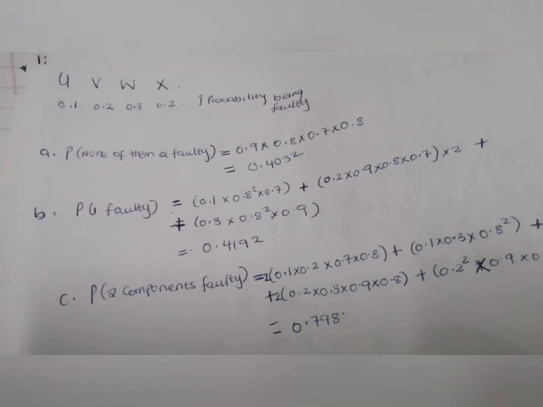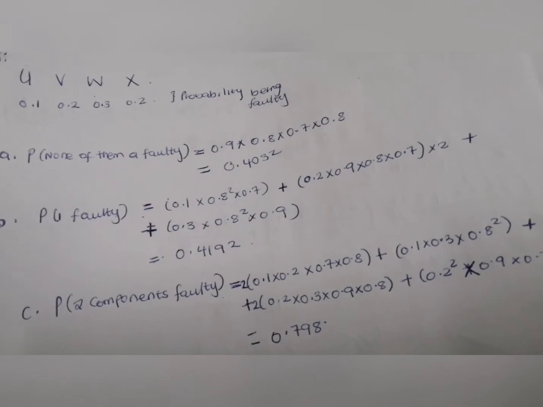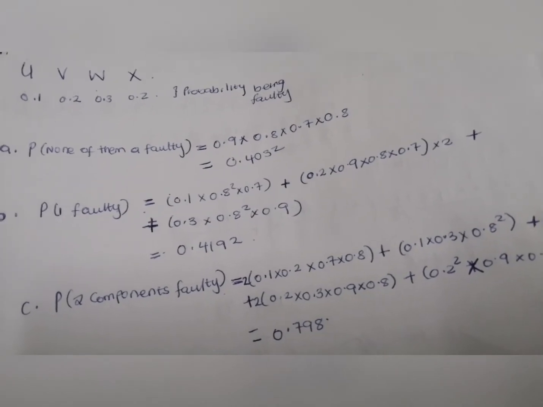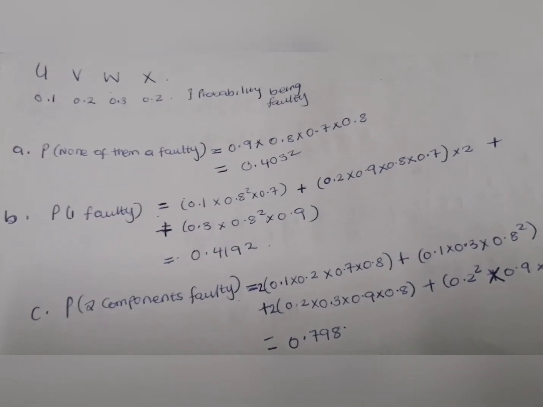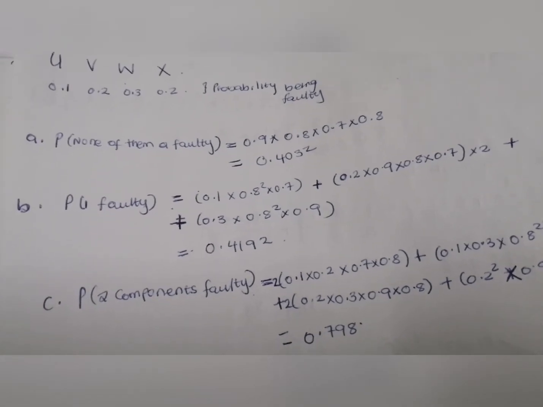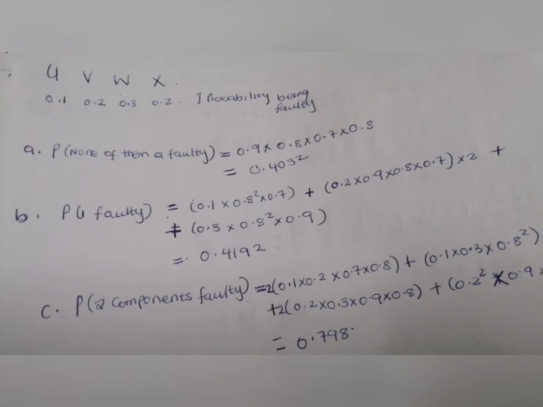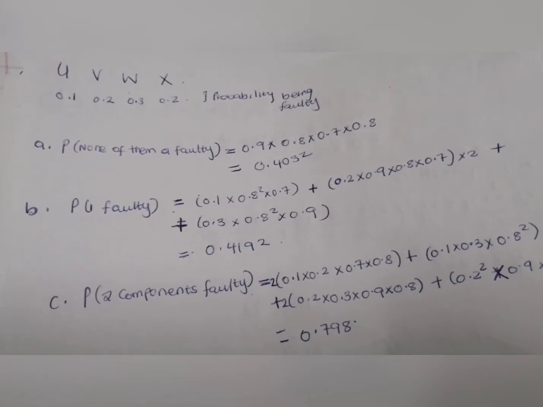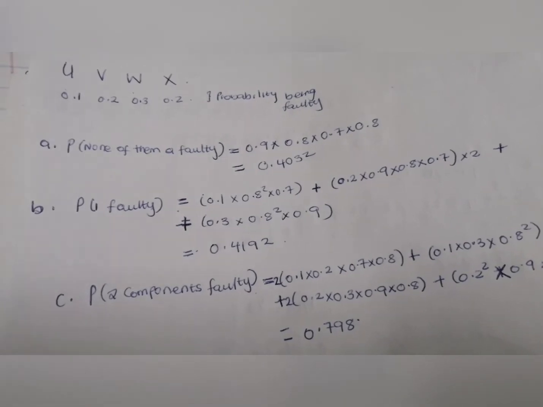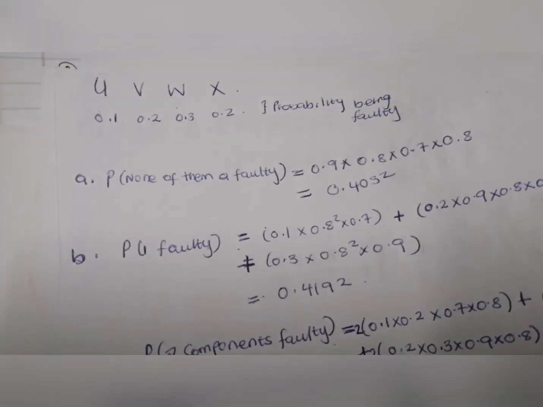And then they asked for the probability that only one component is faulty. So guys, when I do those questions, I always do them manually. I don't know if there's a formula that you can just use without doing this manually, especially when the probabilities are different.